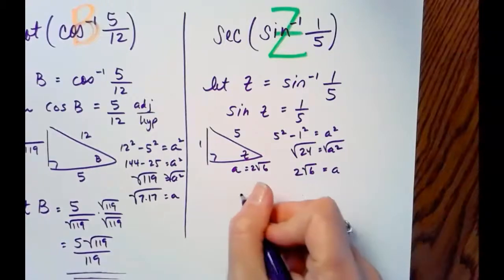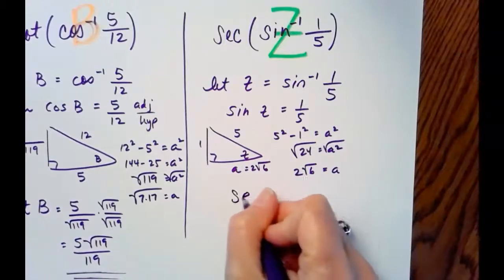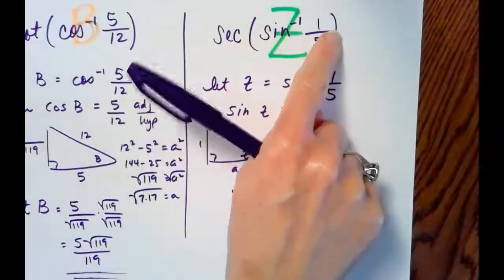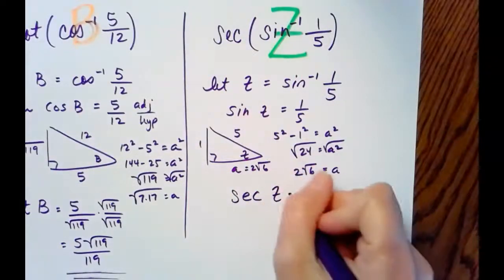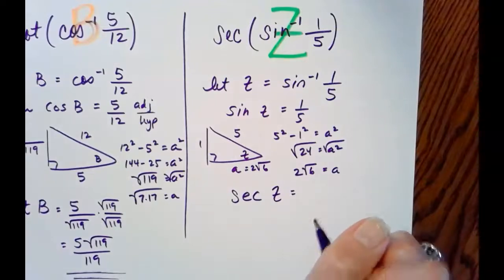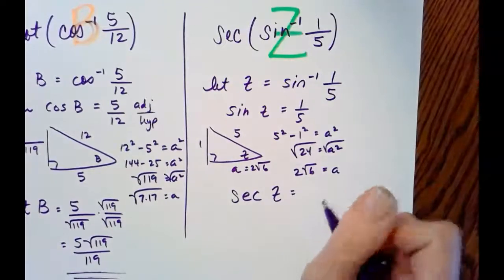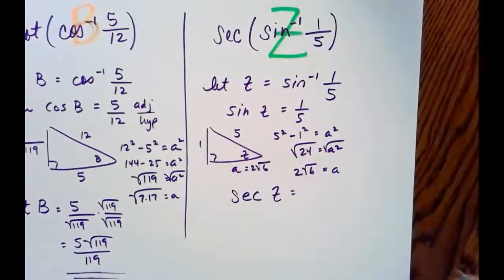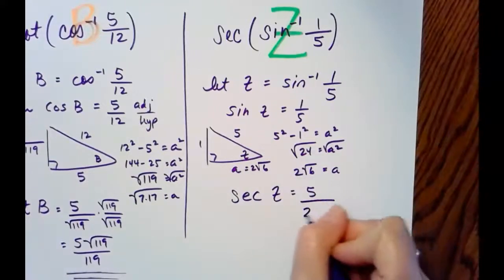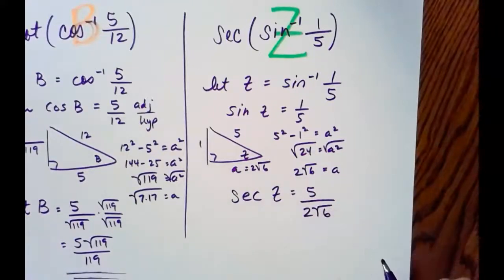Let's finish off this problem by finding the secant of z. Remember, all of that was replaced with z. So secant z. Secant is the reciprocal of the cosine, and the cosine is adjacent over hypotenuse. So we need hypotenuse over adjacent. Secant, hypotenuse over adjacent.